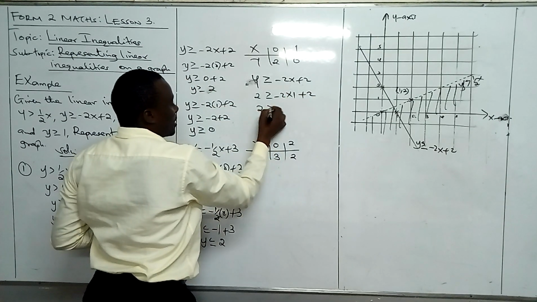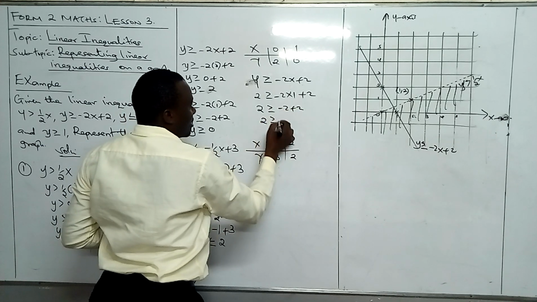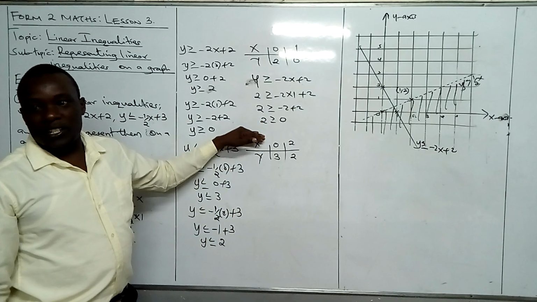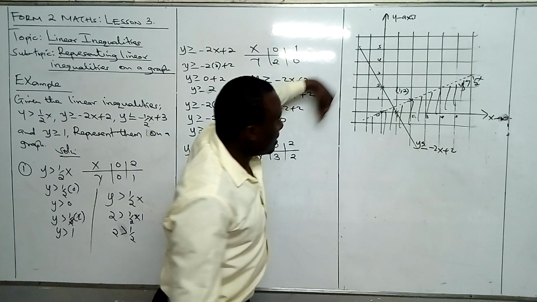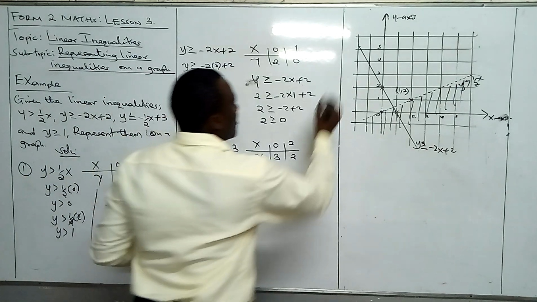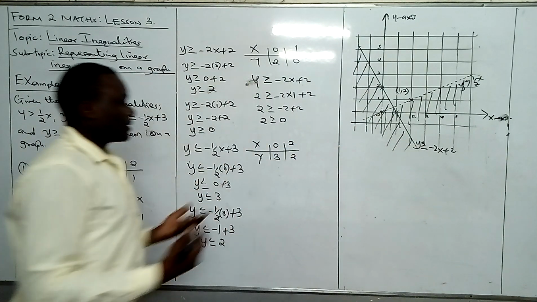This will be 2 greater than or equal to minus 2 plus 2, 2 greater than or equal to 0. The statement is very true. 2 is greater than 0. So we don't shade that part, we will shade the opposite one. So this is the region that is not required.